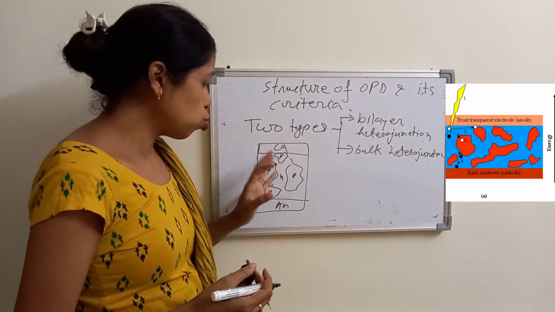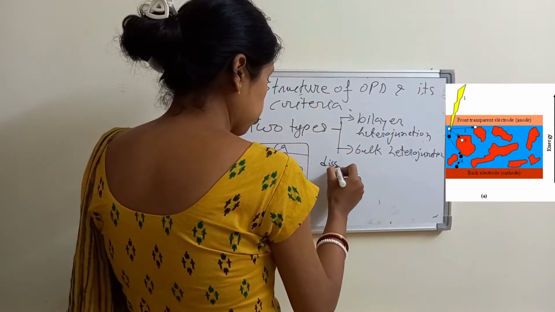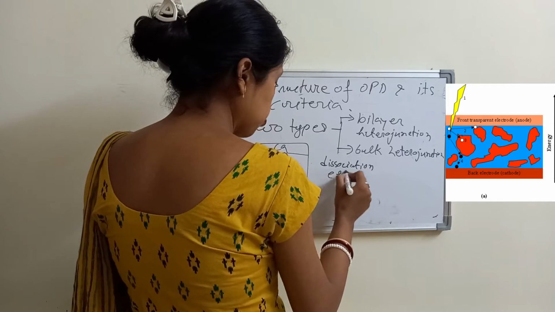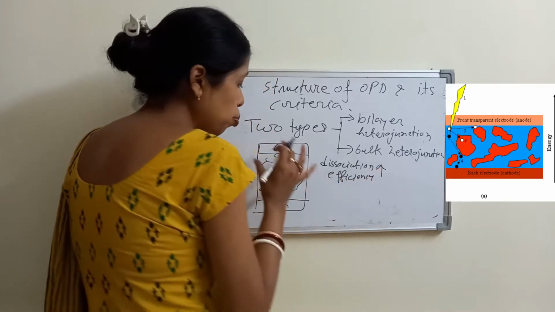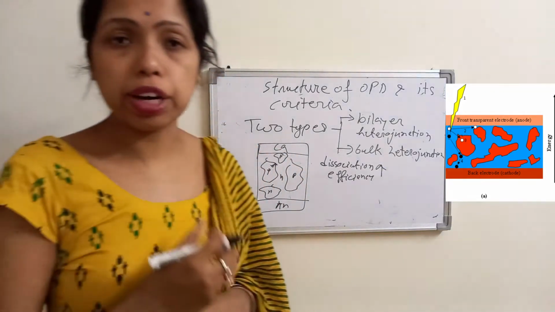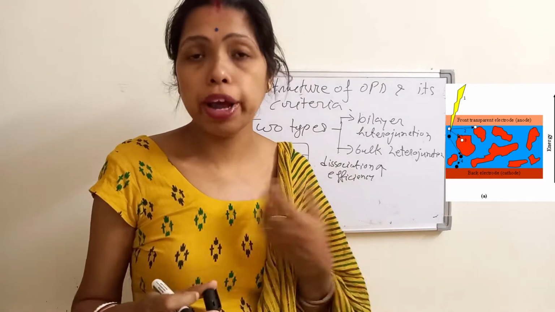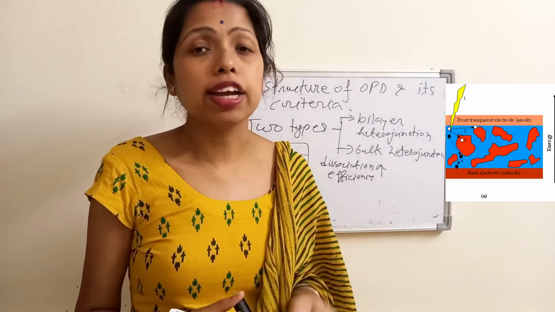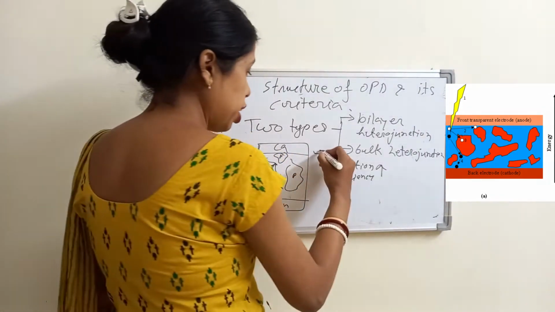So that means the dissociation efficiency is more. Due to the multiple interfaces, the exciton can easily dissociate at the interfaces. Whatever excitons are produced, all of them can dissociate at the interface, right? This is the advantage.